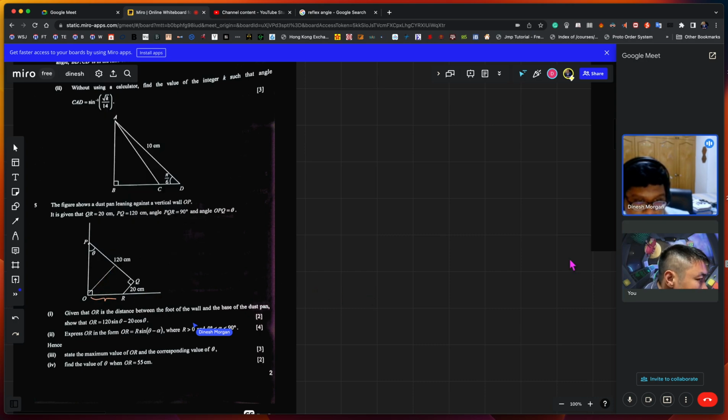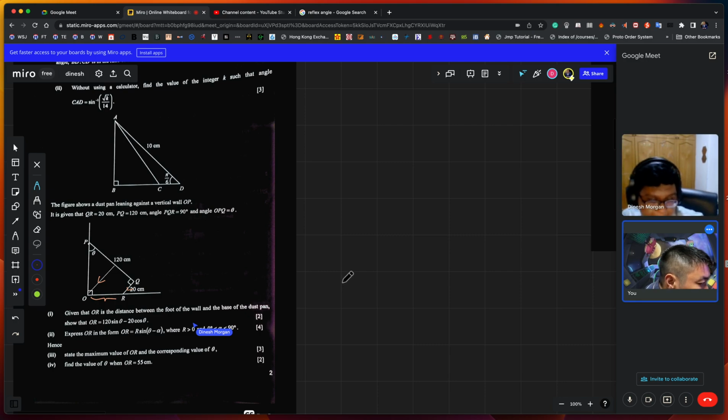If you make it parallel, you get something. But how would that help with the OR? It doesn't help.